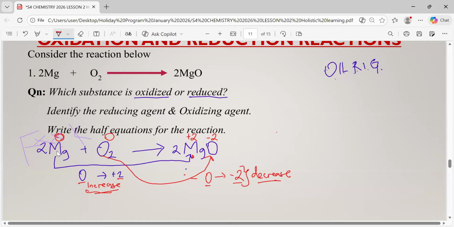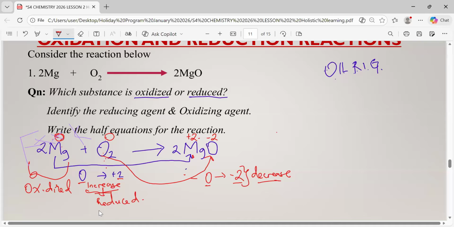So if it is moving from 0 to positive 2, there's an increase in oxidation number, therefore this one is being oxidized. Then this one, because it is reducing from 0 to negative 2, meaning oxygen is being reduced.